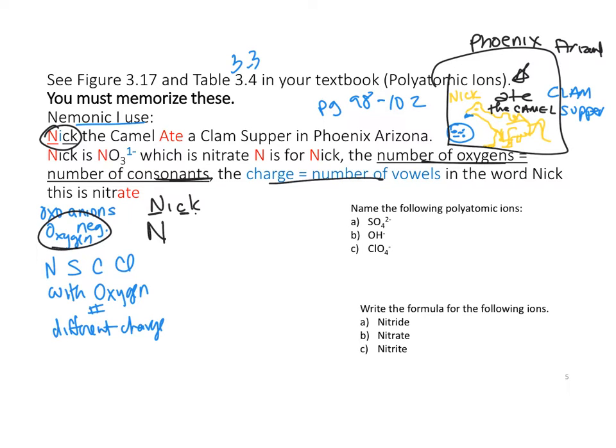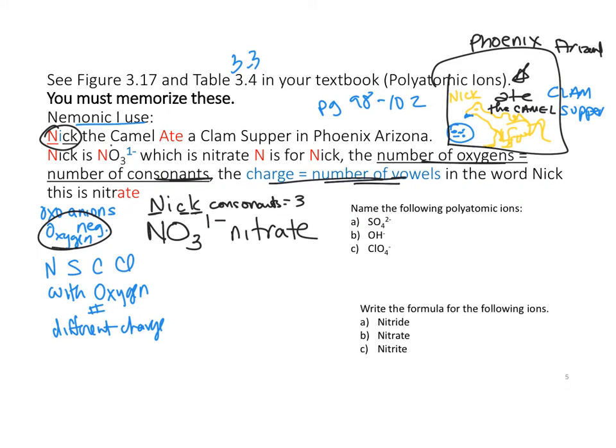There's N, C, and K. These are your consonants. So that equals 3. So NO, there's going to be a subscript 3 for the number of oxygens. Now the charge is going to be the number of vowels in this word. Nick has 1. So this is 1 minus. Then you have to memorize that that is nitrate.